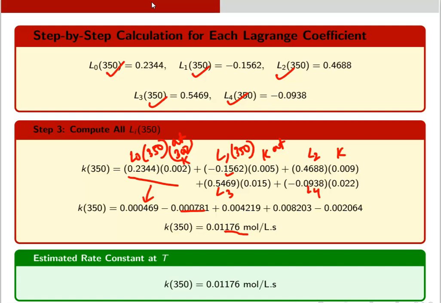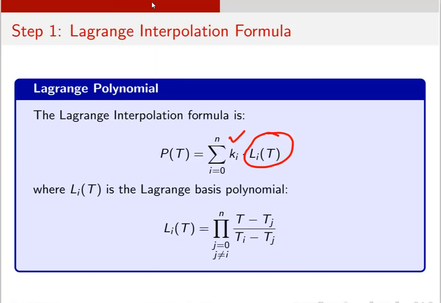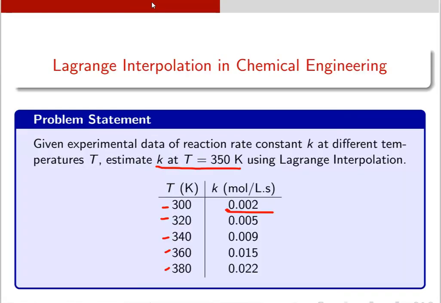So the estimated rate constant at a temperature of 350 is K equal to 0.01176. You can check that. Since 350 lies between 340 and 360, the range should be 0.009 to 0.015.